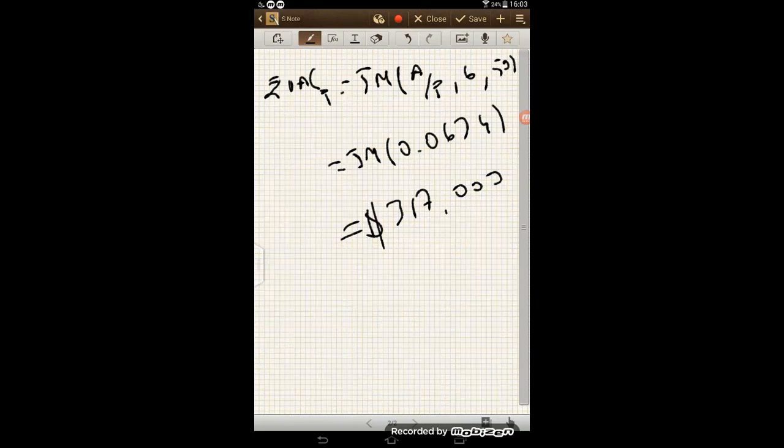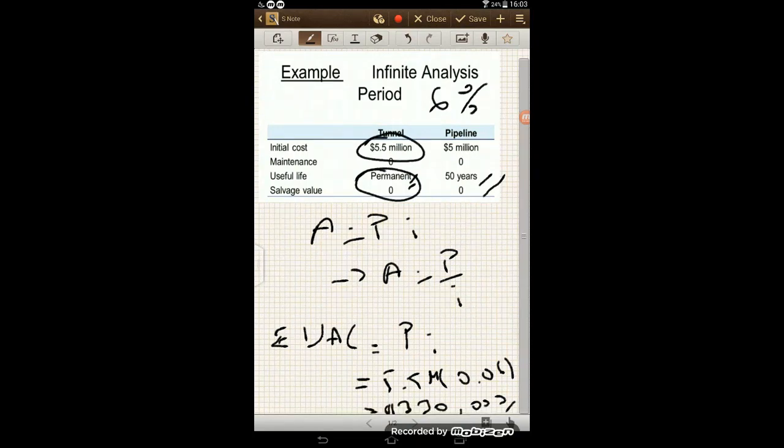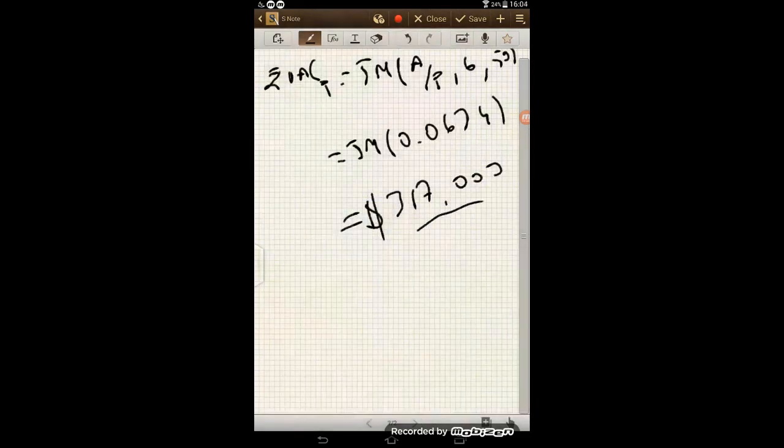It's almost like I mentioned in the previous lecture: when it is 50 years or so forth, it is considered permanent. As you see, the 5.5 million initial cost takes $330,000, but when you make it 5 million for 50 years, it's going to be 317,000 annually.